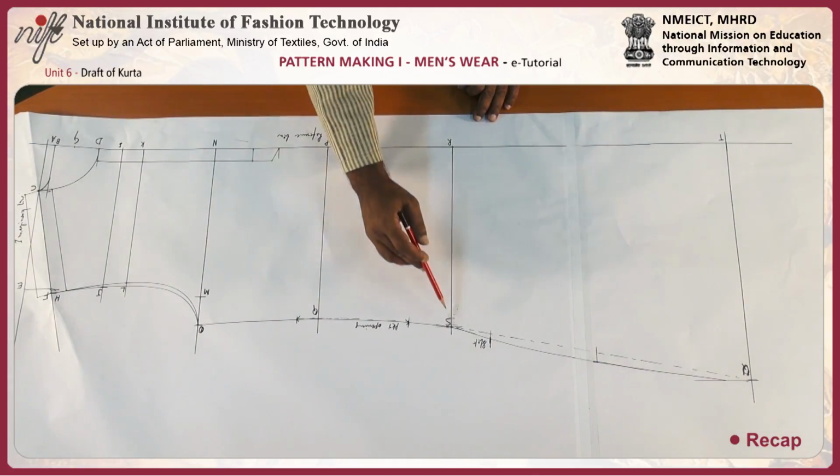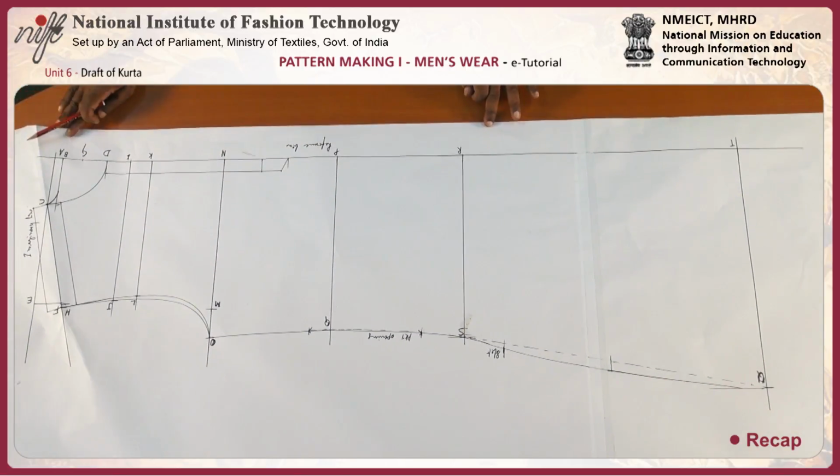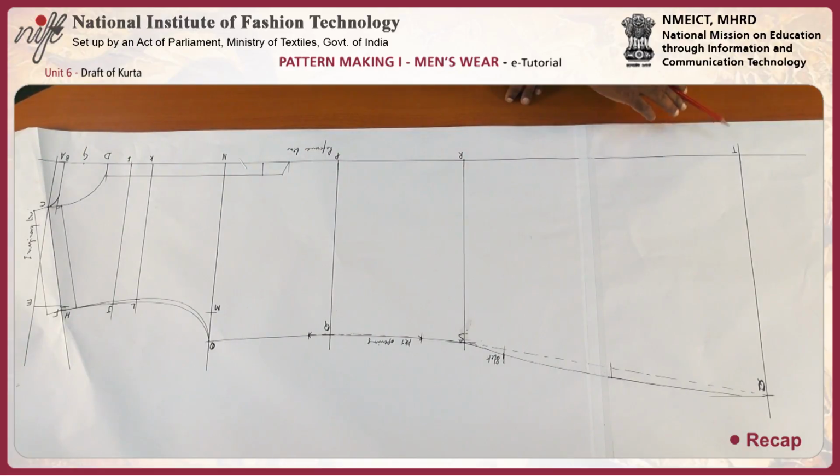Then P to S is 28.5 centimeter, 1/4 of the hip. Then point B to T is center back length, 1 or 2 centimeter. Then T to U is 1/4 of bottom circumference, 36 centimeter.